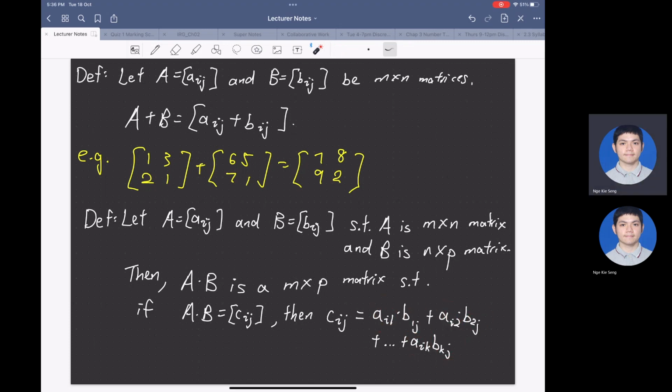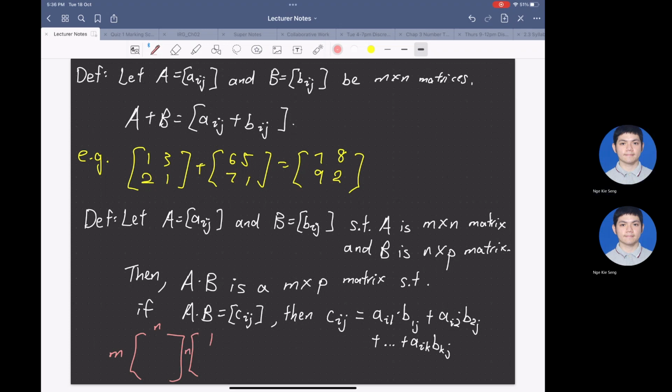Notice that when you multiply, the middle dimensions agree. This is the feature of matrix multiplication. So I should write out something so you are aware: m by n times n by p. So you get m by p.